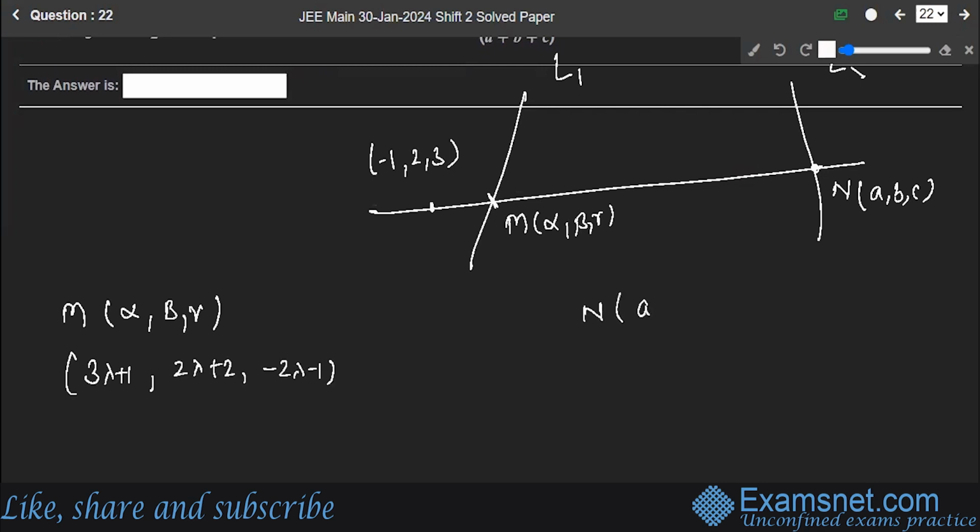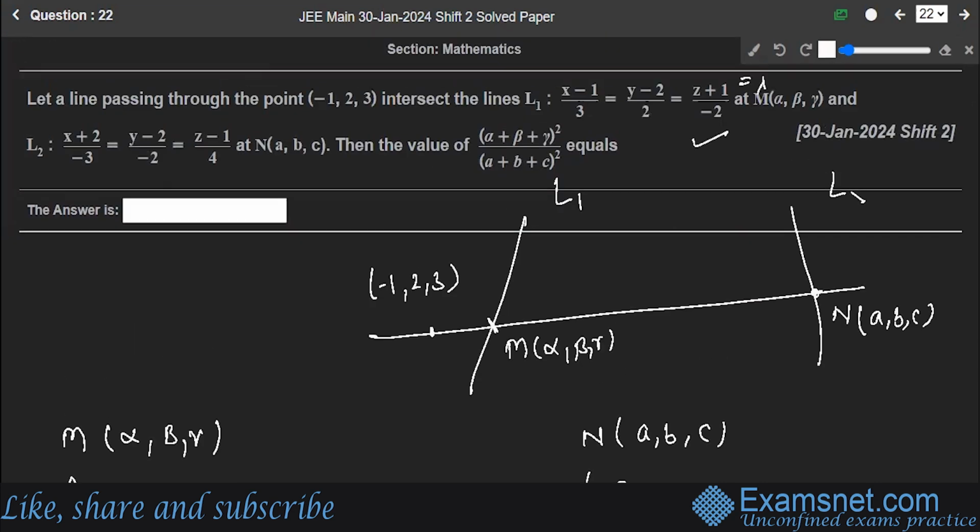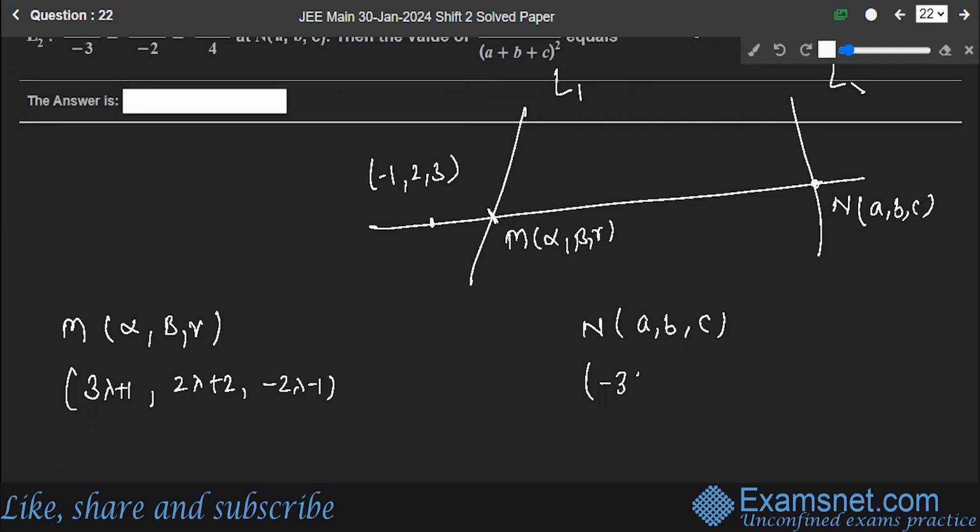Similarly, the endpoint, which is given by ABC, this will be given by, let's say this is equal to some t. So this will be given by -3t minus 2t plus 2, then 4t plus 1.